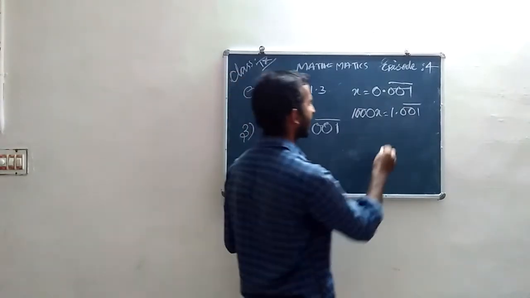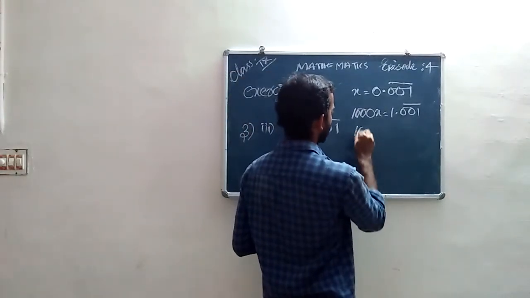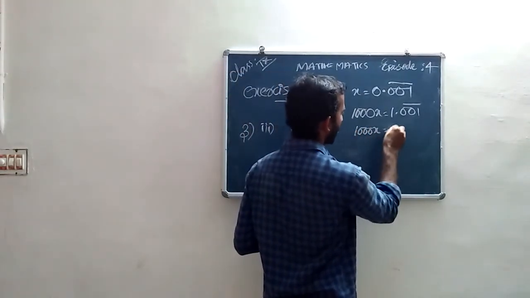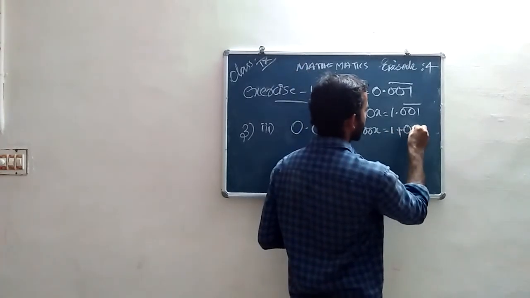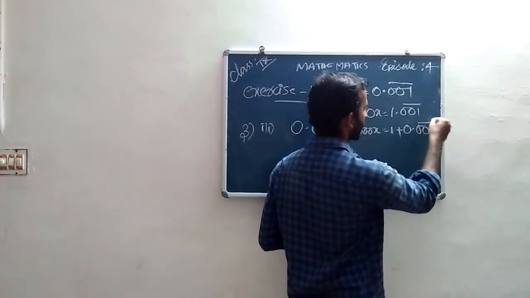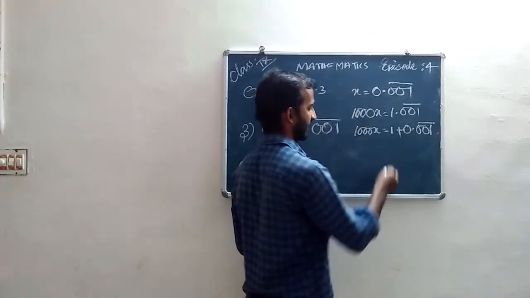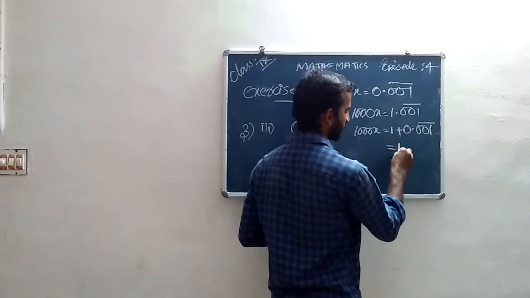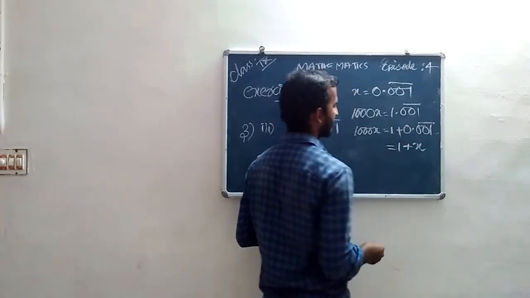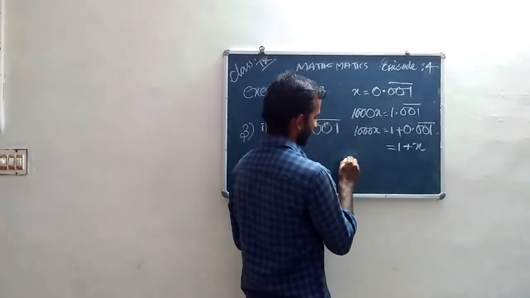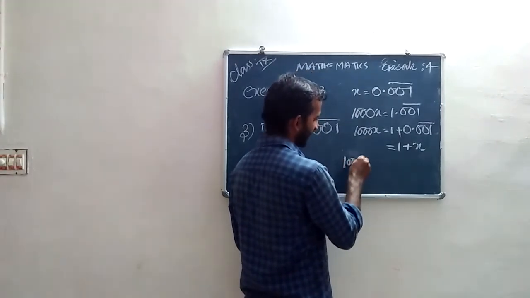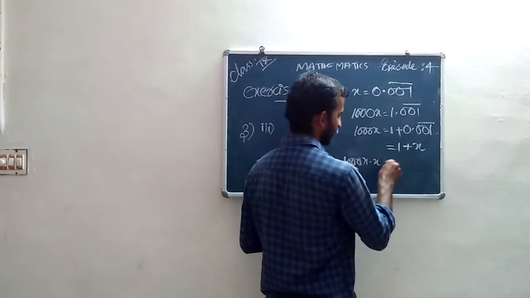That is, we can write 1000x equal to 1 plus 0.001 bar. Is it correct? Yes, correct. That is 1 plus x. Here 1000x minus x equal to 1.